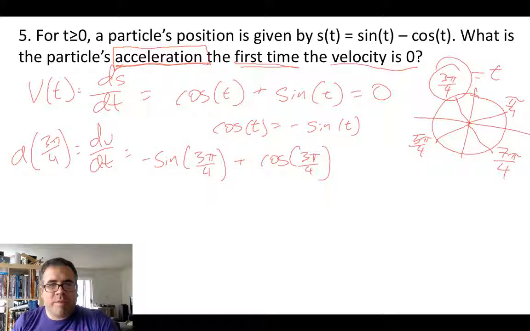Negative sine of 3 pi over 4 is negative the square root of 2 over 2. Cosine of 3 pi over 4 is negative the square root of 2 over 2. Add these together and you get negative square root of 2.